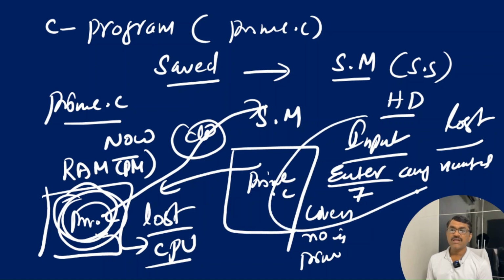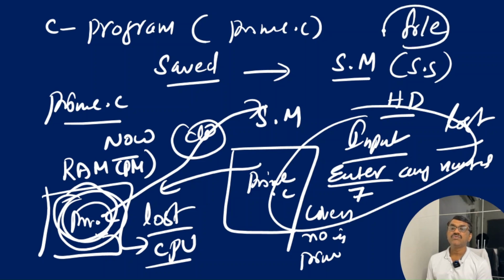Now, how to store this kind of data permanently? For that, we need the concept of files to store the data permanently in secondary storage. That's the main intention of using files. In the modern era, there is no need of using the file handling concept in C programming. You can use database management systems to handle the files.